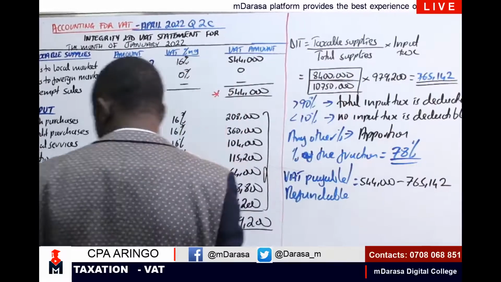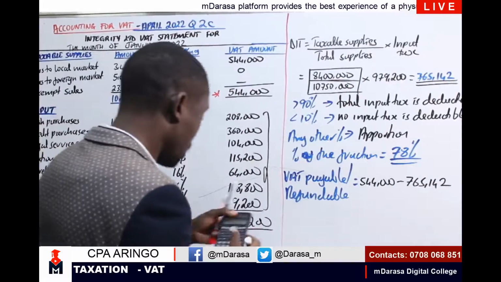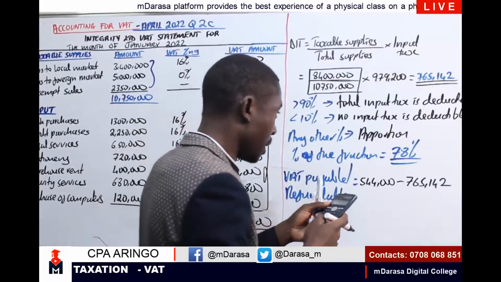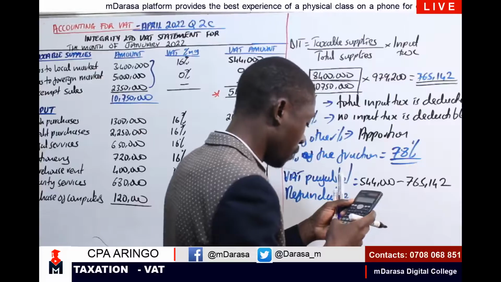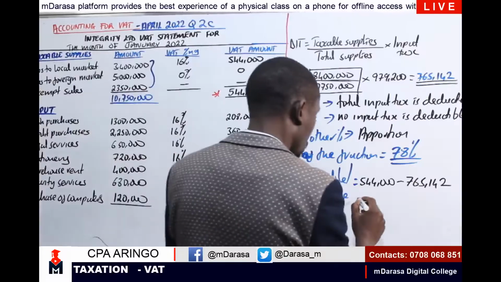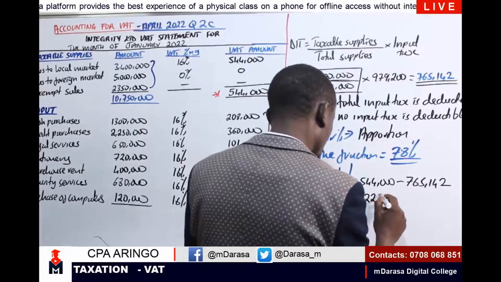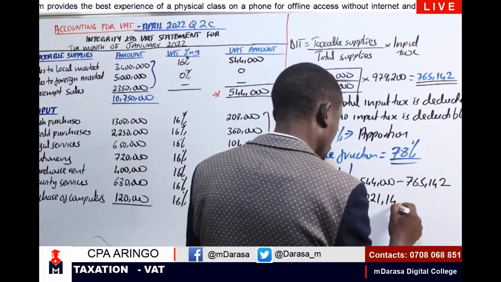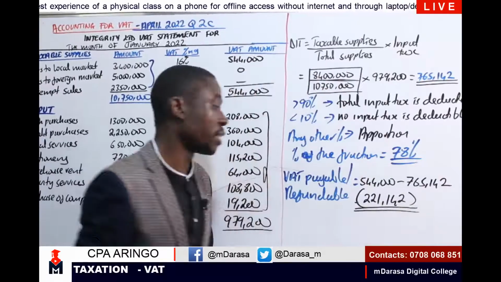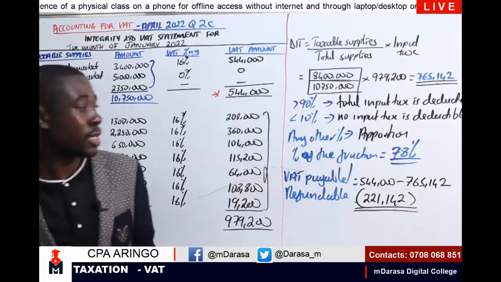Therefore, our VAT payable is 544,000 minus 765,142, which will give us 221,142 refundable. That is a refund.